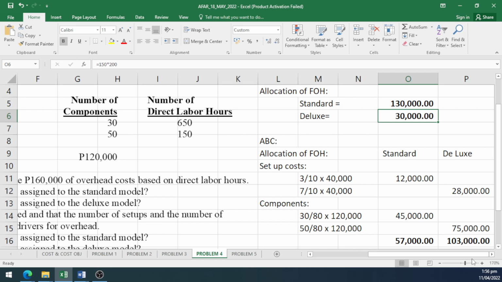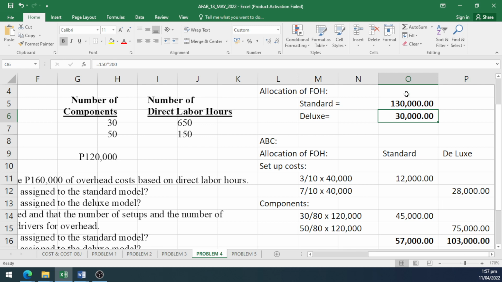Kumbaga, nag-cross ng landas yung cost. Pansinin ninyo, ano? Yung cost ng standard under traditional, that's overstated by as much as 73,000.